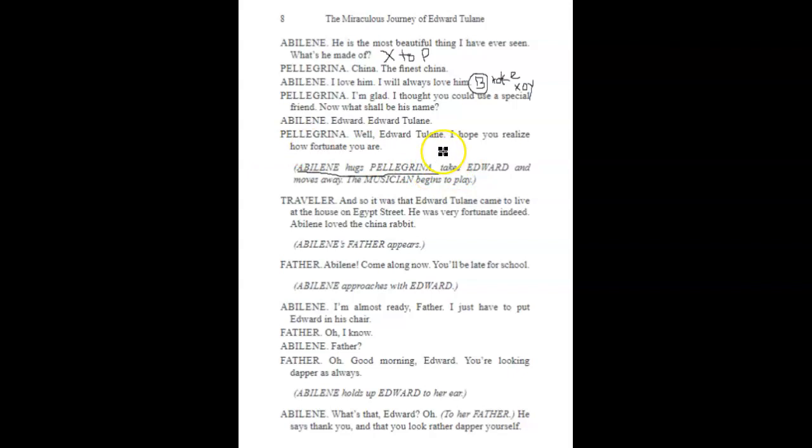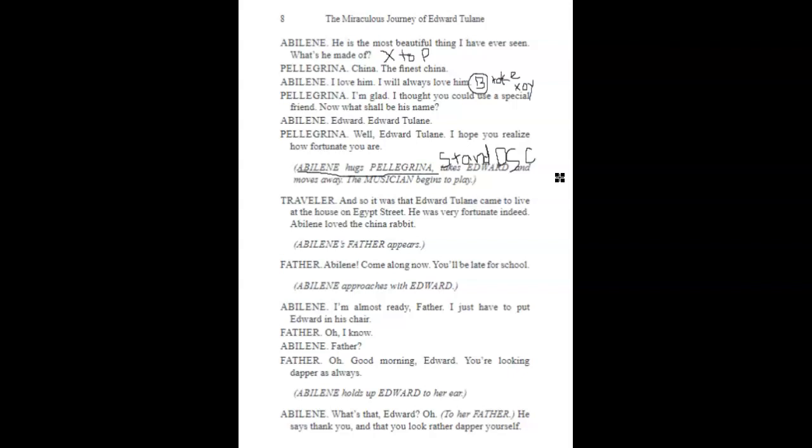So we would say stand, and then we would put where we're standing, so downstage center. Downstage center. So we pick out where we're standing.